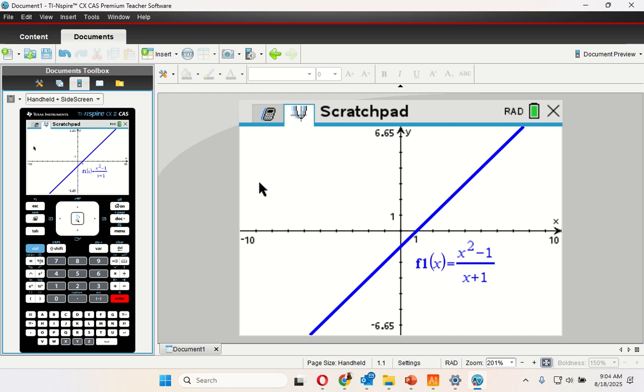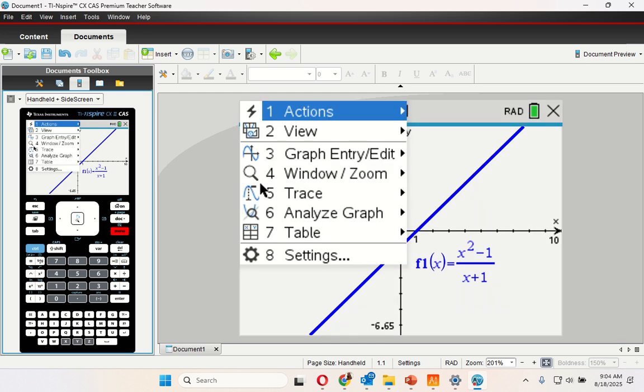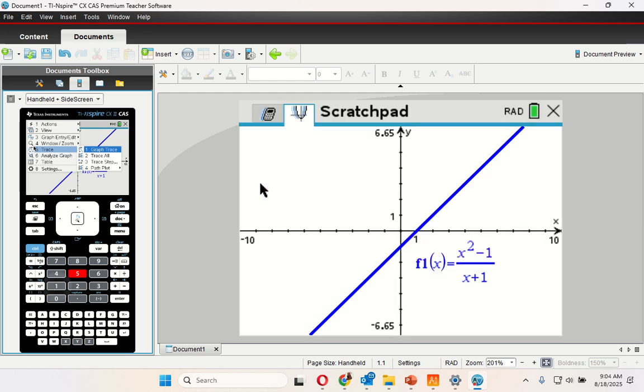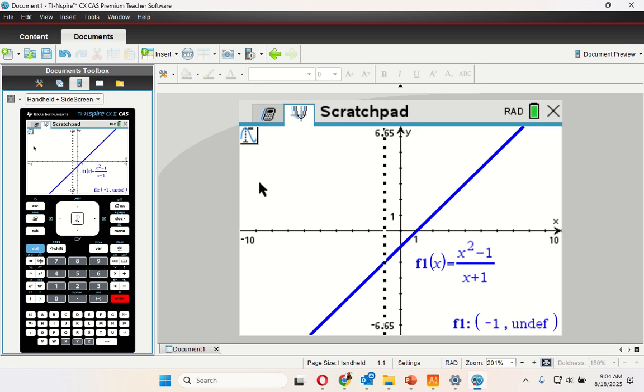Yes. So if I were to look at the graph, I would say, oh, that looks like a straight line. And I can go menu, trace, graph trace, and plug in -1. Uh-oh, it's undefined. So that's the only way I could see from the graph that it has a hole there.